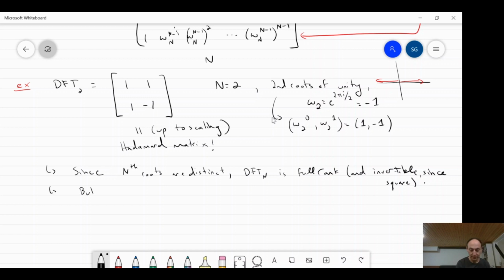But actually, DFT_N is unitary. So it's much stronger than that. So the inverse is very simple. This means that its inverse is you just look at the matrix and you take the dagger of that matrix. That's it.